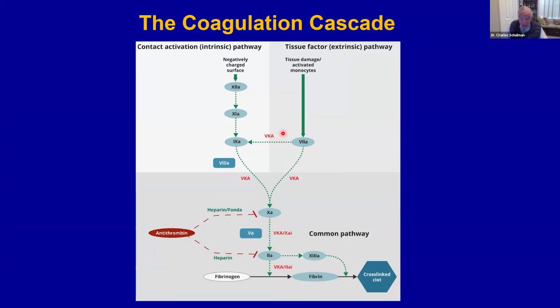VKA, or warfarin, acts at many of the points on this cascade. The direct oral anticoagulants act on factor 10A, except for dabigatran, which is a direct thrombin inhibitor.